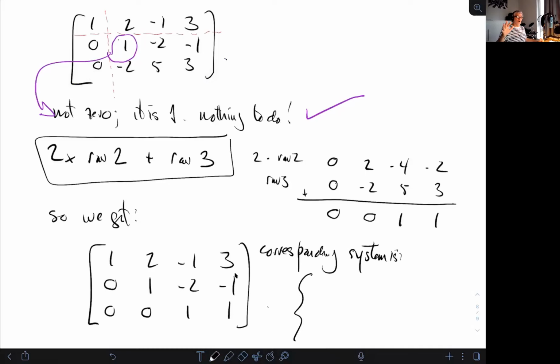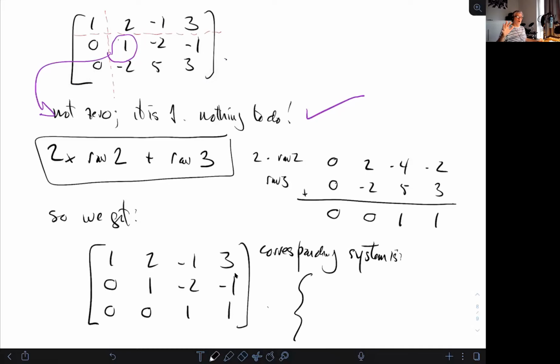So we just use back substitution. z equals 1 we get for free. Then I substitute that in the previous equation: y minus 2 times 1 equals -1. So y equals -1 plus 2, which is 1. So y equals 1.